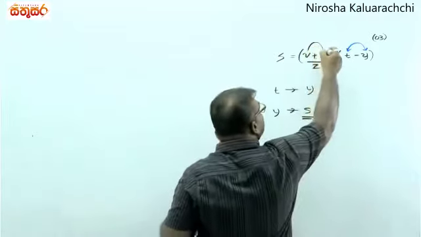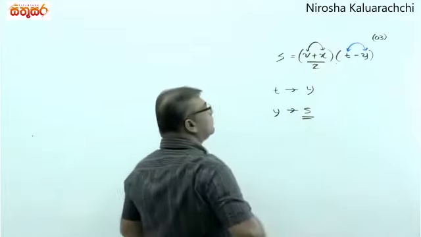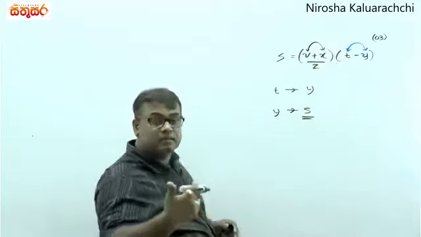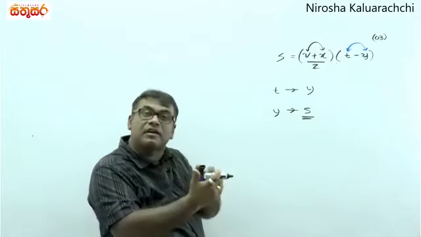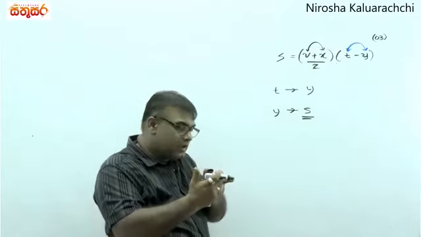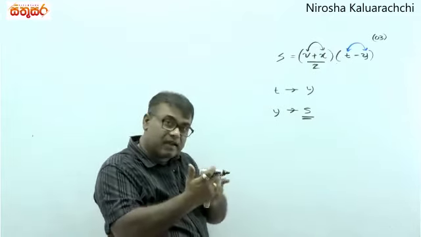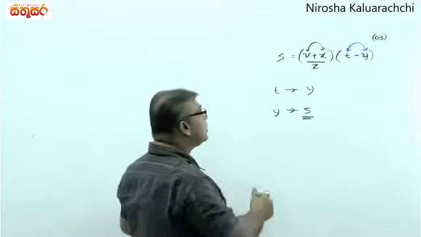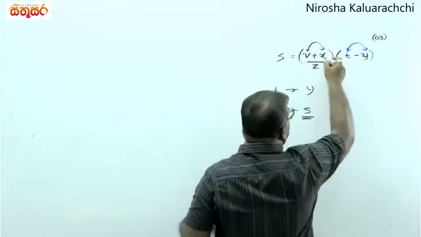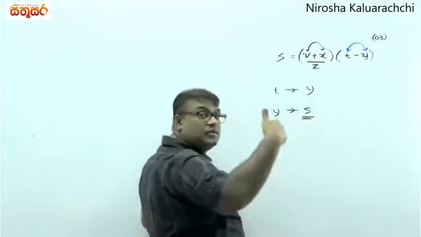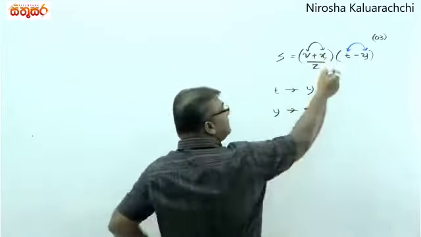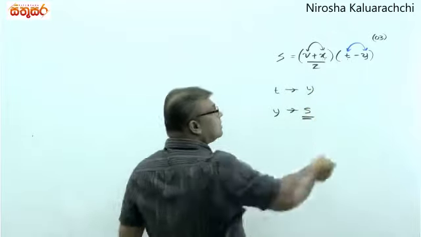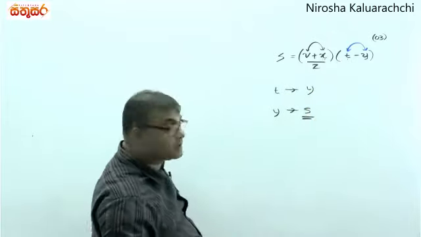This one is added with this one, v plus x. If v and x are added, then they should be the same quantity. These two are similar, but those two are a different kind of similar. This and this won't be equal, right? They are multiplied with each other.